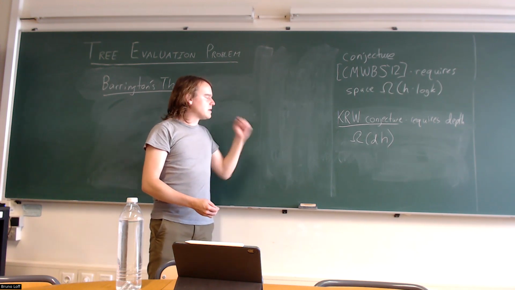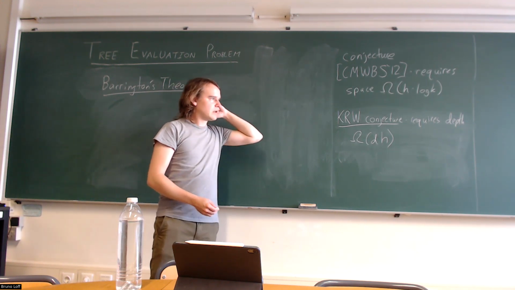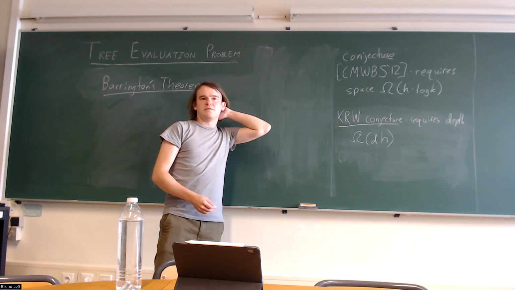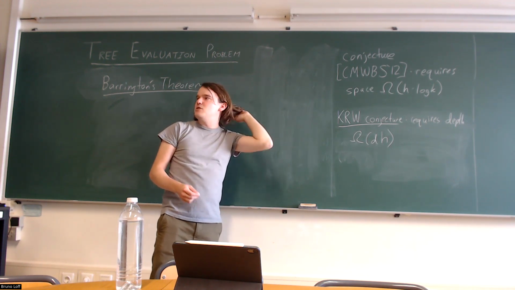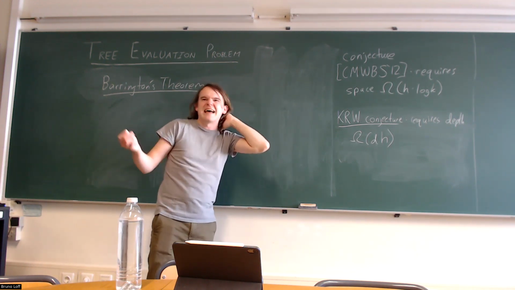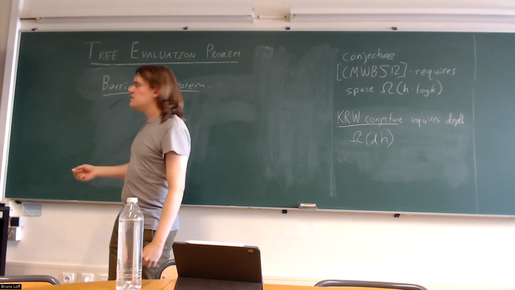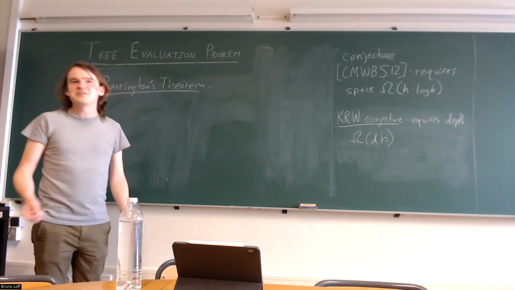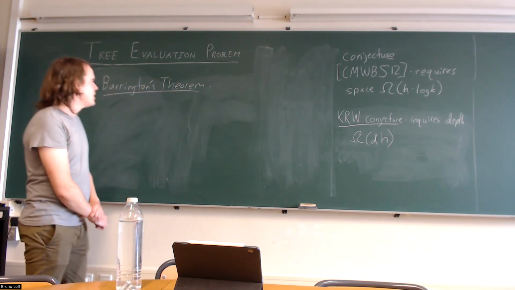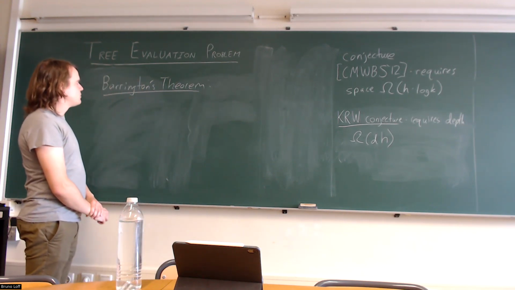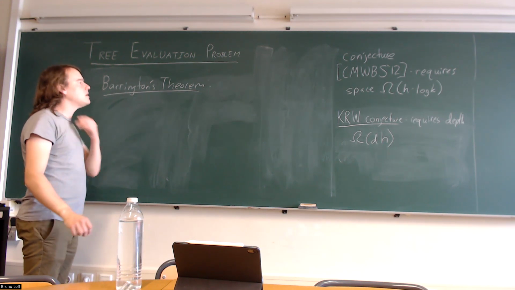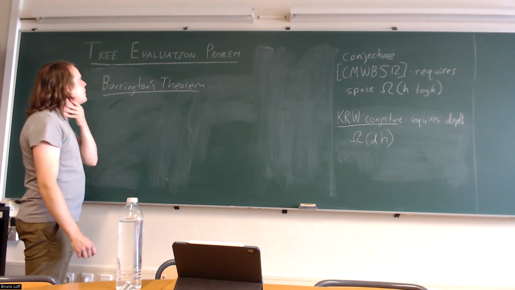But if you move to the branching program world, what's the width of this thing? You know, how many bits do you actually have to remember? It's probably exactly that. You have to remember a lot of bits. And Barrington showed that that's not true. Actually, in a very strong sense, that's not true. So we're going to see a proof of Barrington's theorem, and I'm just going to state it in a different way.